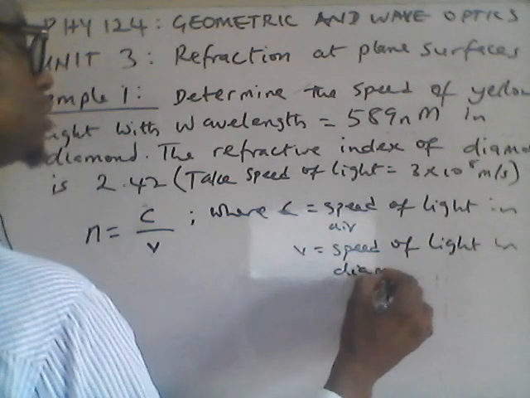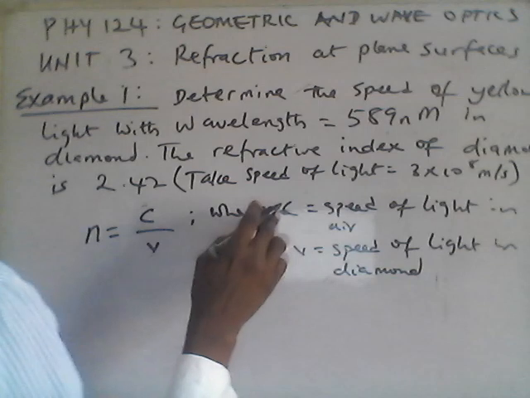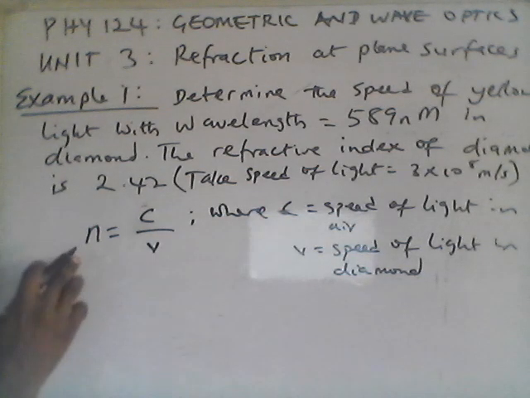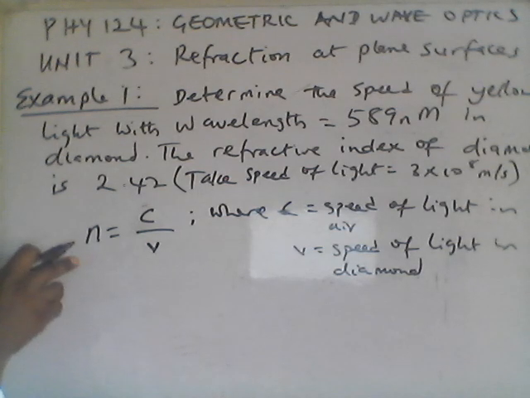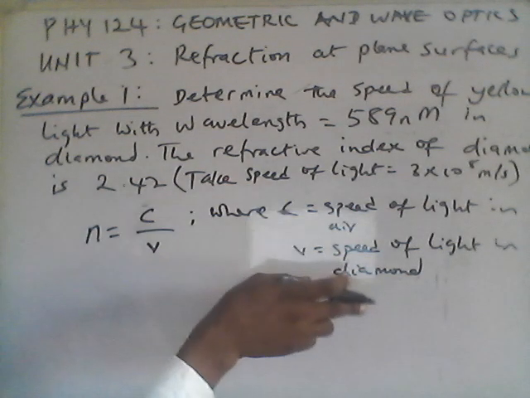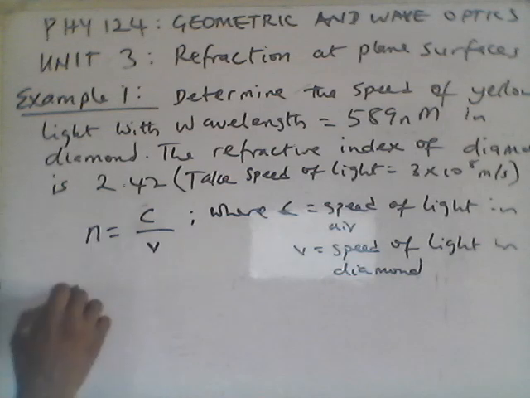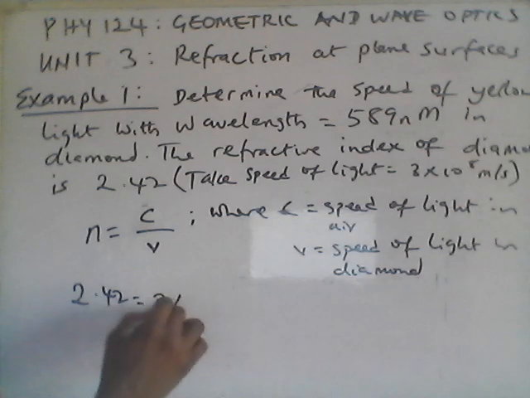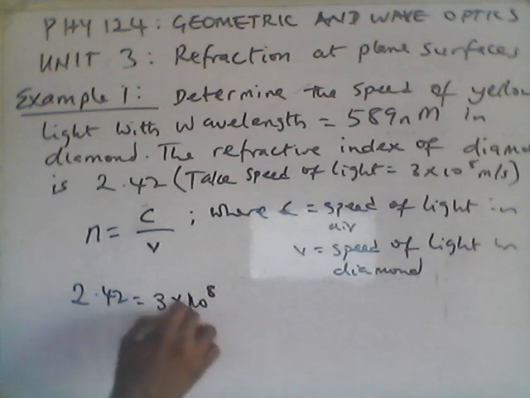We are comparing the speed of light in air to that in diamond, and the ratio of the two will give us the refractive index of diamond, because the light is coming from the air to the diamond. So n is already given as 2.42 and c is given as 3 times 10 to the power 8. We are looking for v.